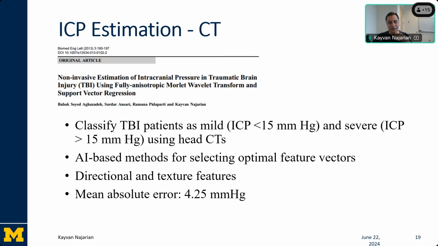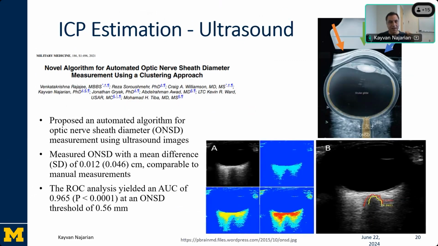And also we did regression of ICP. Instead of saying whether it's elevated or not, we just try to estimate the actual value of ICP. And we had a mean absolute error of 4.25, which means within the same range that you want to call this elevated or not.